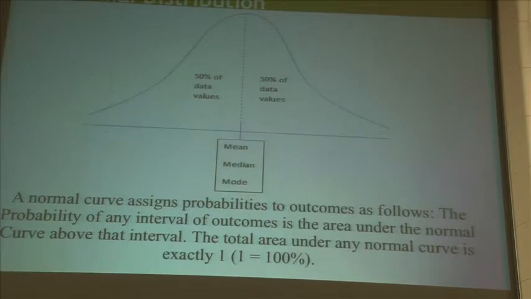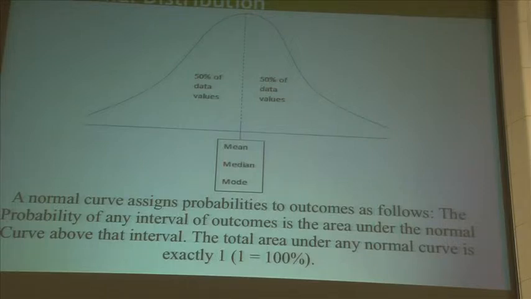Now, the probability of any interval of outcomes is the area under the curve. Say you have all of your data values. Every single value that you observe from your statistical study shows up somewhere under here. And then these percentages tell you that 68% of your values are going to be within this range. 95% of your data values will be between this range, that far away from the mean.